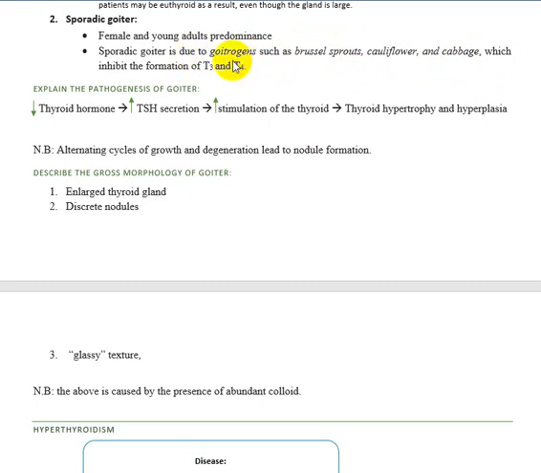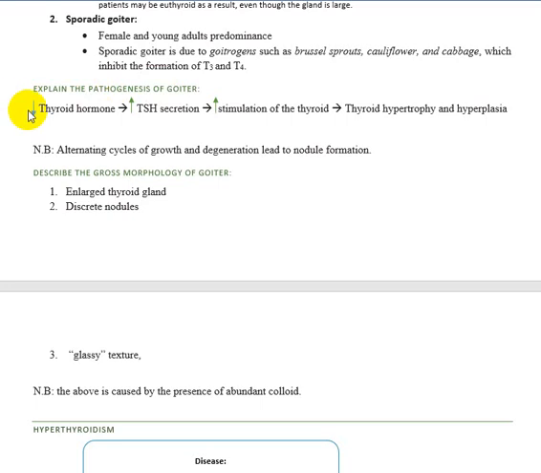When they cause decreased T3 and T4, there is less negative feedback to the pituitary gland. So thyroid stimulating hormone is going to be excessively secreted, and so it causes hypergrowth of the thyroid gland.